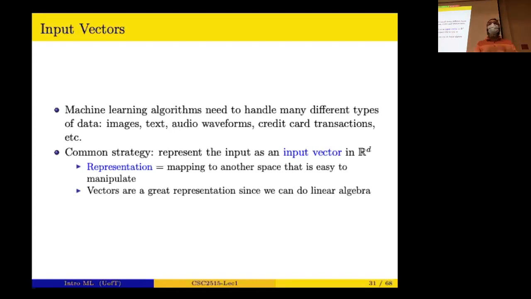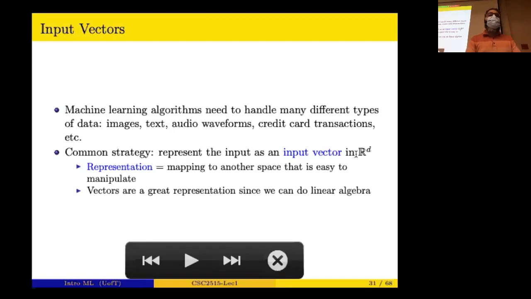To talk about all these different data types in a unified way, we can think of all of them as some form of input vector. We can convert the image, audio, or text to an input vector, which resides in some Euclidean space, like a d-dimensional vector.